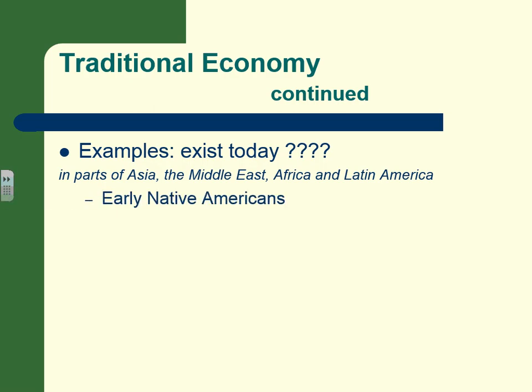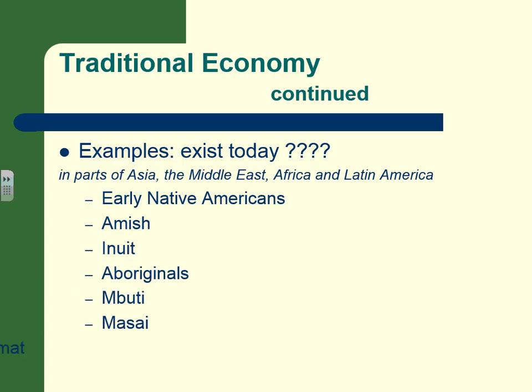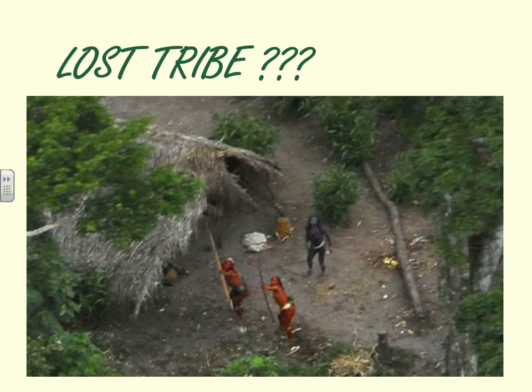But there are examples of traditional economies. Native Americans were a traditional economy. The Amish at one time were traditional. The Inuit, Aboriginals in Australia were traditional. The Mbuti, the Maasai, and the Asmat, all traditional economies.